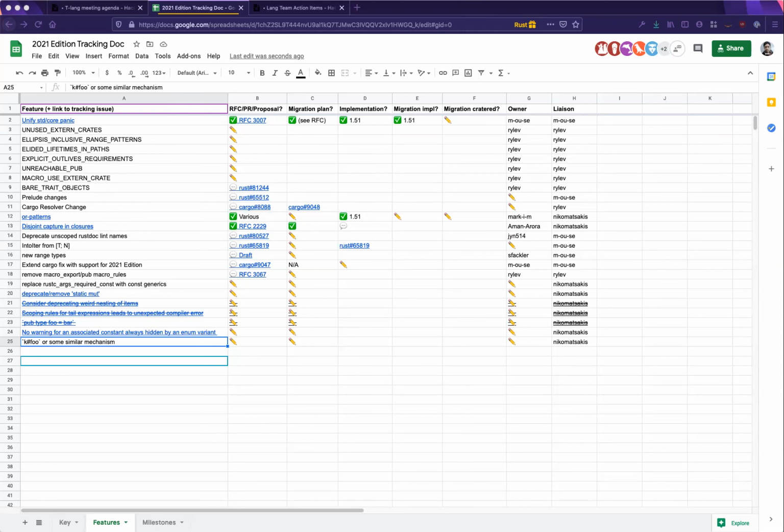The only thing that would require is fitting into the existing r hash syntax, and I don't think that's an unreasonable requirement. Instead of having raw symbols, we could have raw keywords and just have something like r hash followed by a keyword.